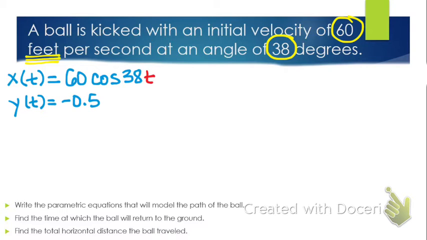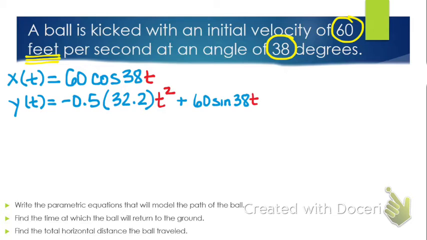So what am I going to use for gravity? Which G value am I going to use? Am I using the 32.2 or the 9.8? So 32.2. Then it's t squared plus 60 sine 38 t.